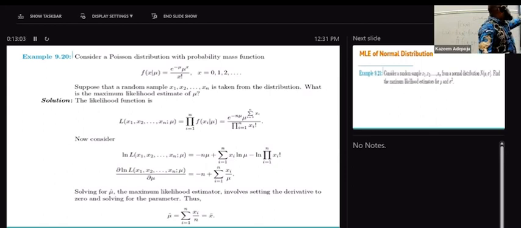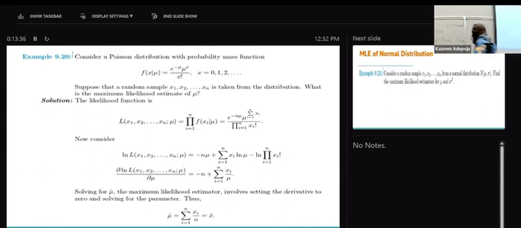Now, you have a Poisson distribution. This theta in the Poisson distribution is mu. Poisson only has one parameter, mu. What am I going to do? I basically want to estimate that parameter mu by using the method of maximum likelihood.